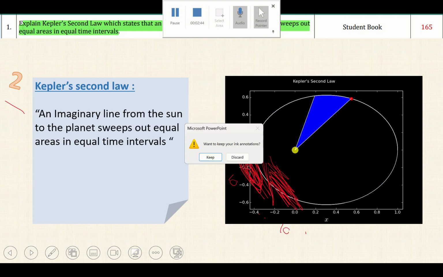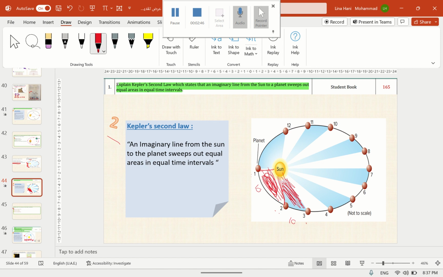For objective 1 here, it says explain Kepler's second law, which states that an imaginary line from the sun to the planet sweeps out equal areas in equal time intervals. So let's say that this planet takes 10 days to go from point 7 to point 8.